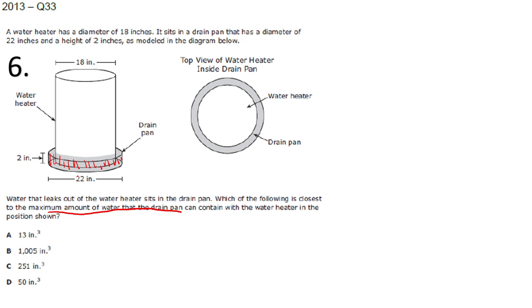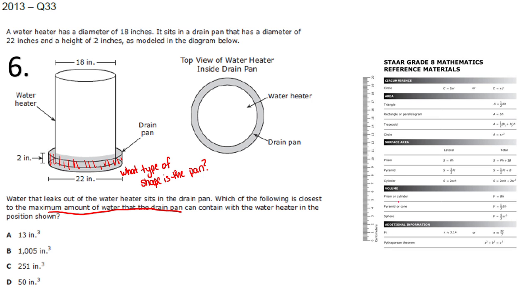If we just focus right here, we have to think, what type of shape is the pan? The pan is a cylinder, so we're going to use this formula again. Volume is base times height.